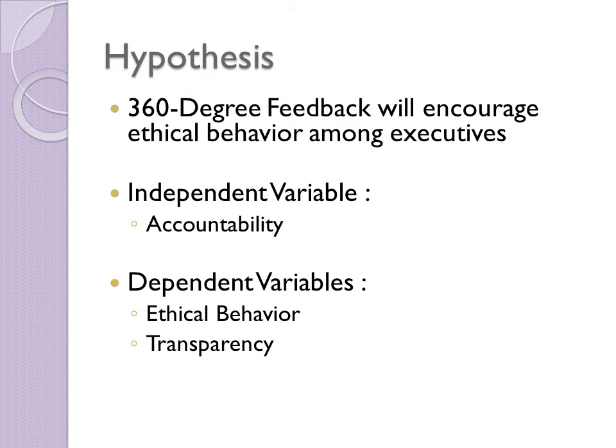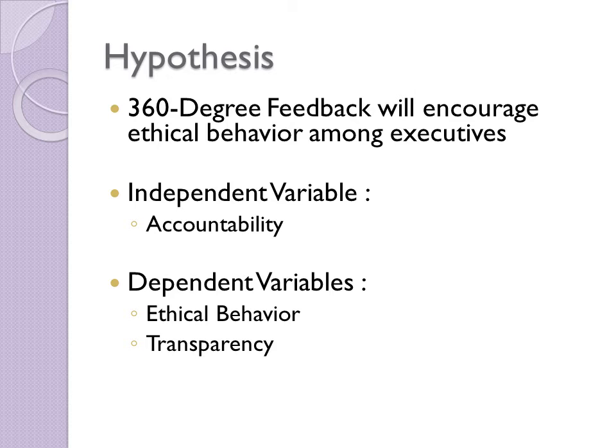I admit I made a mistake trying to fix my young protege, Tom, who I realized later did not want or need to be fixed. But now I have a theory that 360-degree feedback will encourage ethical behavior among executives.